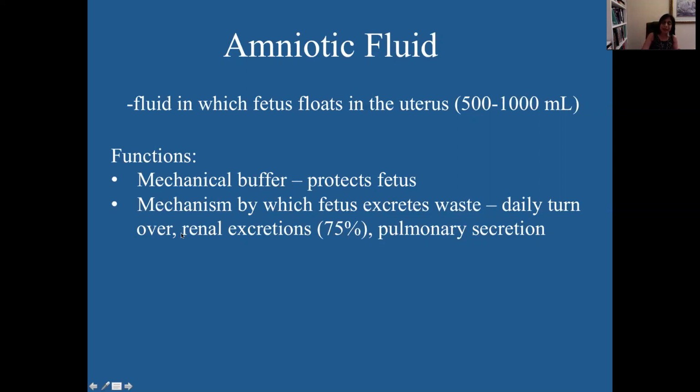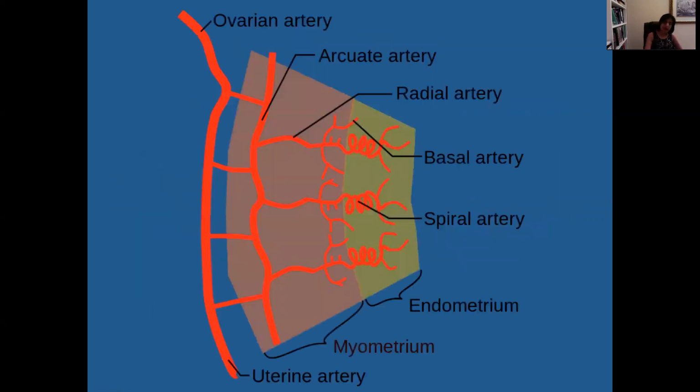Now, what is the other function of amniotic fluid? Well, it becomes an excretory structure, removes wastes from the kidneys and also the perspiration from the lungs. So those are the functions of the amniotic fluid. So let's now talk about the blood supply to the endometrium and eventually into the placenta.